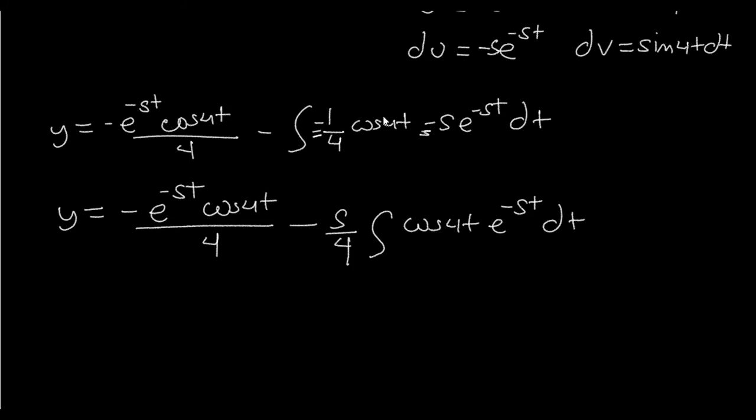Yung s natin dito ay constant ha. Itong s ay constant, hindi po yan yung variable na i-derivative natin kasi kung makikita natin dito yung argument nung derivative is t. So t yung derivative natin and the rest of the variables is just the constant. Okay, so kaya nilabas ko yung s.